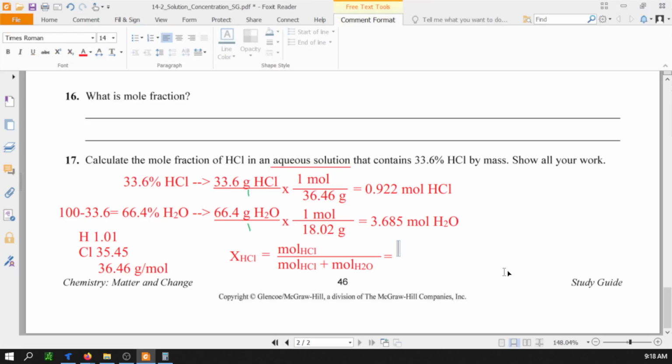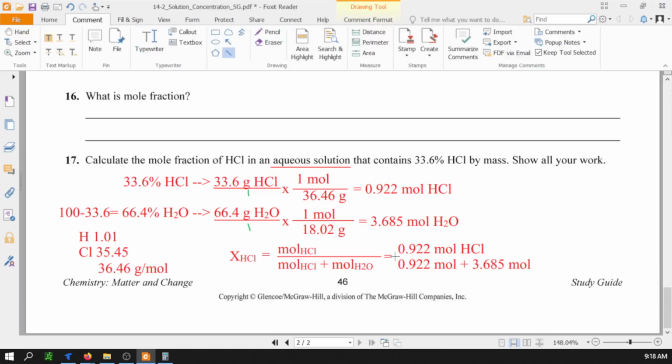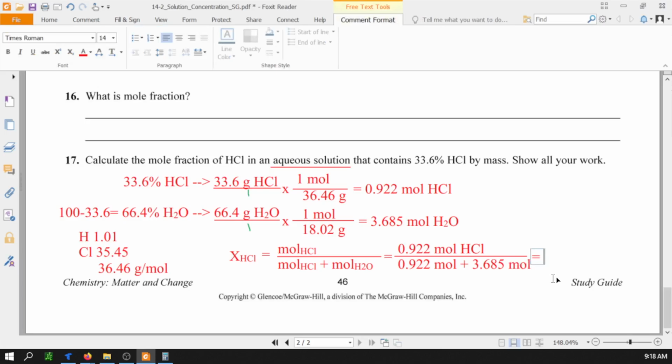Moles of HCl was 0.922 moles of HCl divided by 0.922 moles plus, so the moles of water is 3.685 moles. So on my calculator, 0.922 divided by left parenthesis 0.922 plus 3.685, right parenthesis, enter.